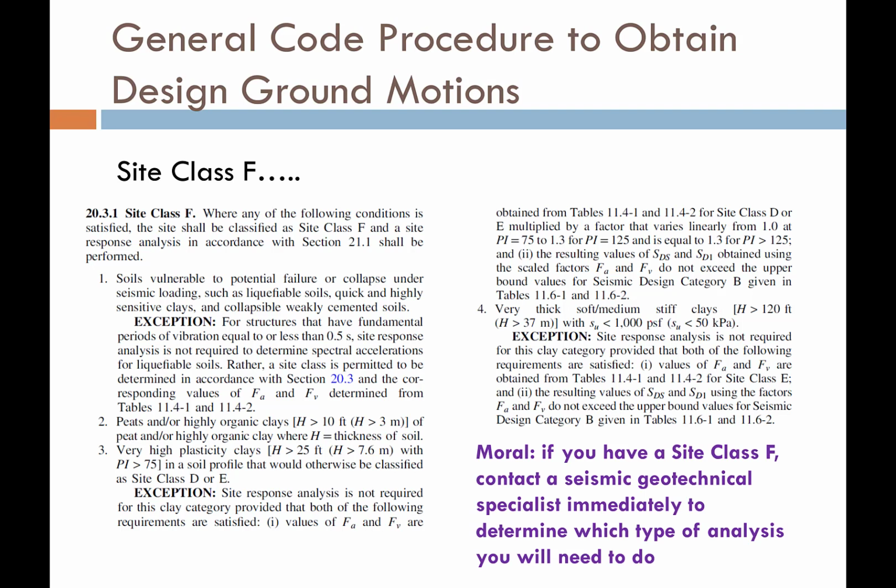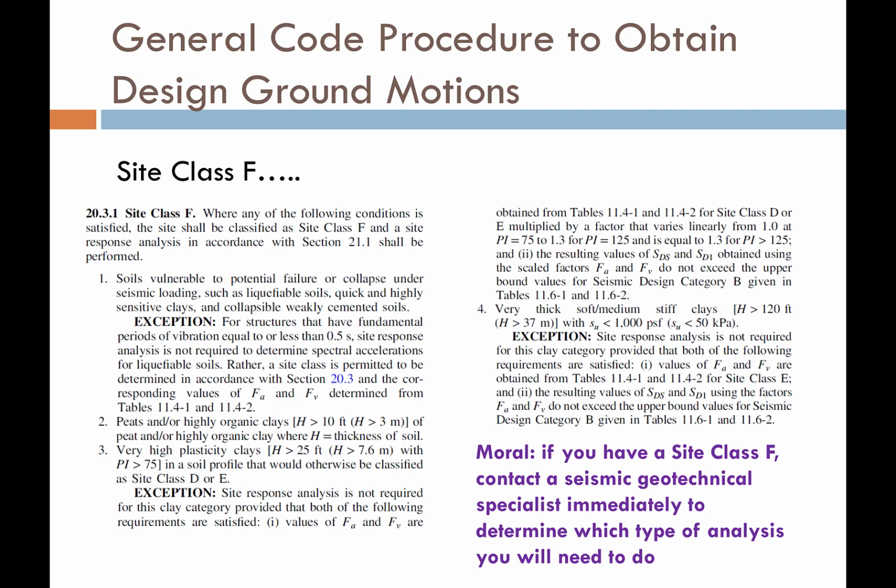So here's the moral of the story. If you have a Site Class F, hang up your phone or put your computer away, put all your analysis and your code away, pick up the phone and call a seismic geotechnical specialist, and they will help you determine the right type of analysis for your Site Class F. This is something that the generic geotechnical engineer is not going to be qualified to do.